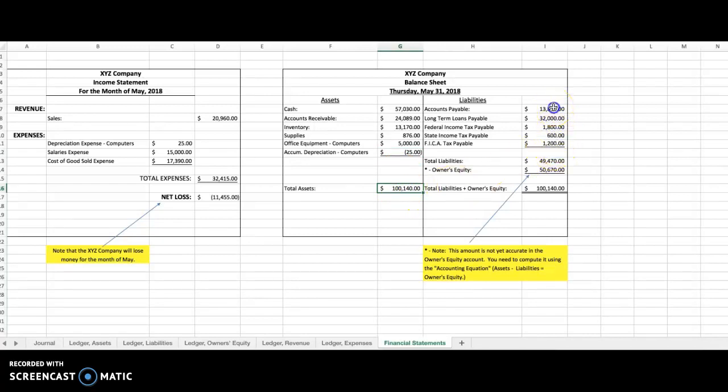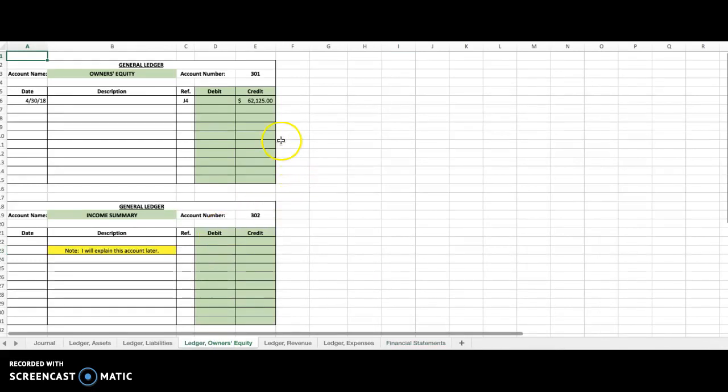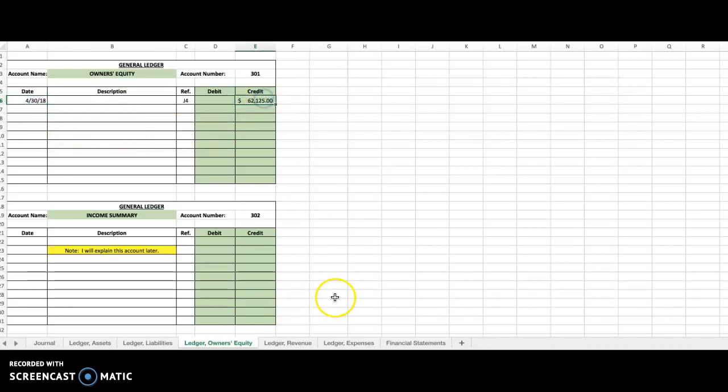Total liabilities, we went to those liability accounts, added them up, total there. And as I said in the note down below, the owner's equity account back in the ledger is not up to date. This amount of money, $62,125, is as of April 30th. We don't have anything in here for May. That's what we're going to be doing today.